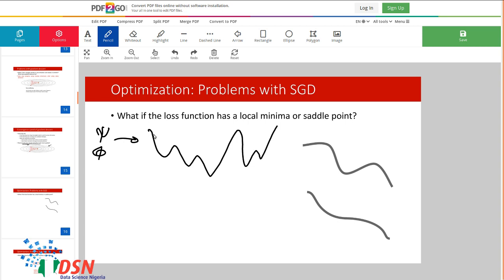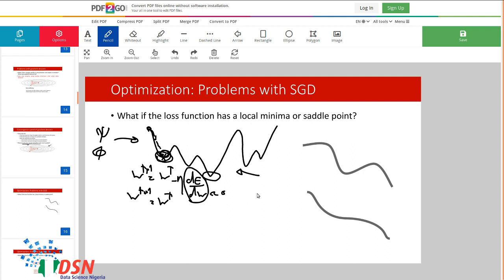If you use gradient descent and start from here, you probably get stuck here and could not reach here, because at this point the derivative is 0, since you are in a local minimum. So w of t plus 1 is equal to w of t, and you're stuck here. Okay, so this is one problem of gradient descent.